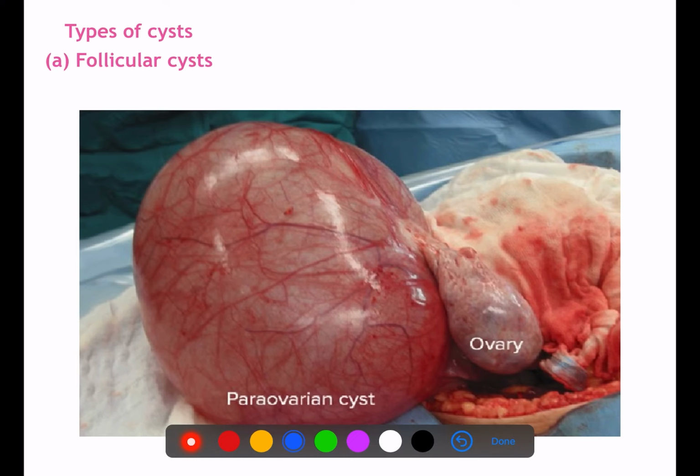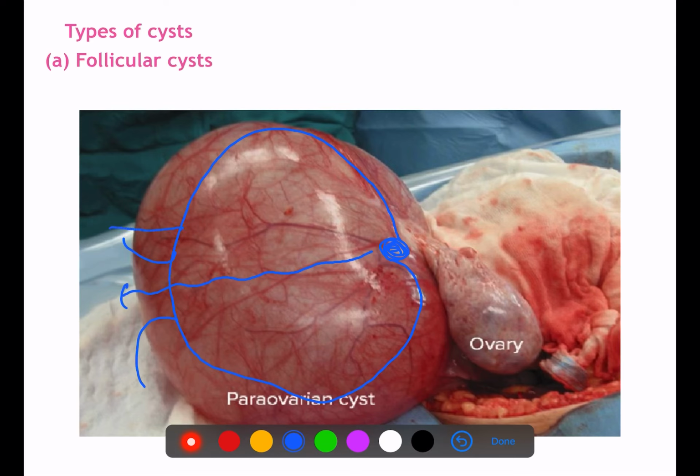As we know, the ova develop inside the follicle, and when it reaches the mature state, the follicle will rupture and the ova will be released, and ovulation occurs.